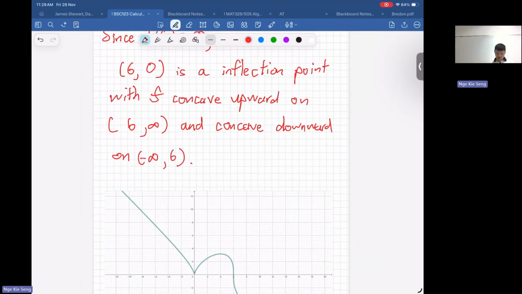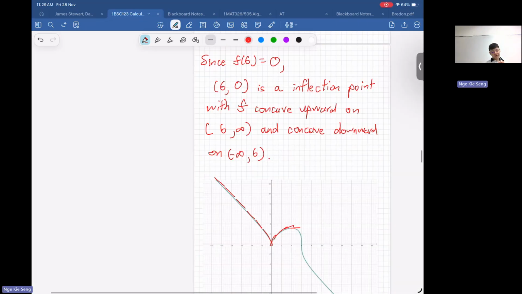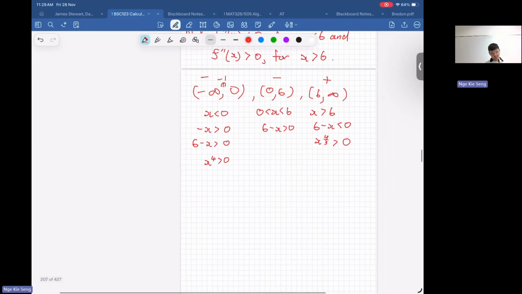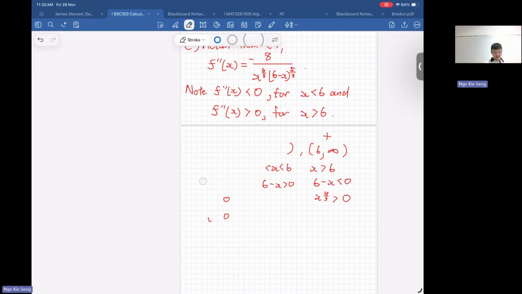If it is concave downward, okay, so I think this graph is okay. I think it's not an inflection point because you see, this graph makes sense like that. Understand? So it's not an inflection point, because the concavity doesn't change on the other side. So our calculation is correct. Okay, good.